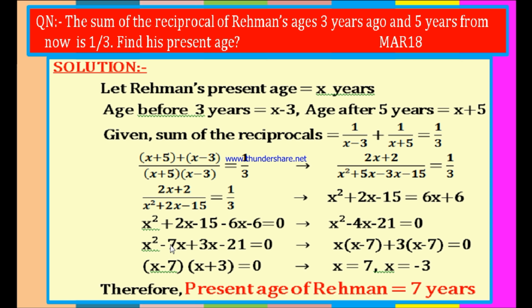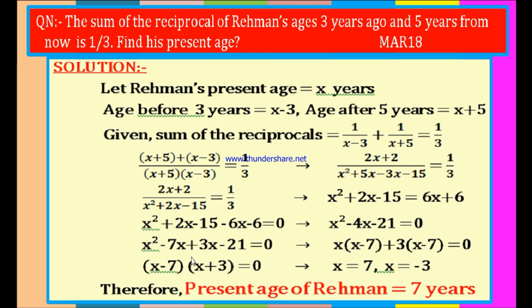Therefore take x square minus 7x plus 3x minus 21 is 0. Take x common from the first two terms, x into (x minus 7). Now take 3 common from the next two terms, 3 into (x minus 7), since 3 into 7 is 21. Now take x minus 7 common. (X minus 7) into (x plus 3) is equal to 0.